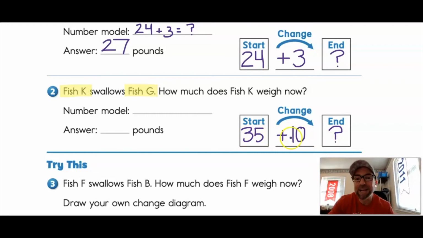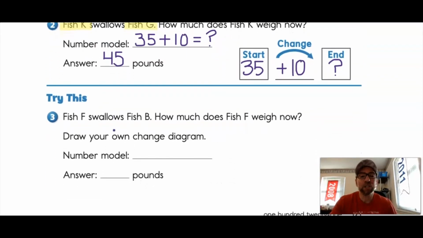But I can see my number model in my diagram. 35 plus 10 more. Let's write that for our number model. 35 plus 10 equals question mark. What's our answer? Well, we just learned adding 10 to a number. 35 plus 10 is going to give us 45. Awesome job.